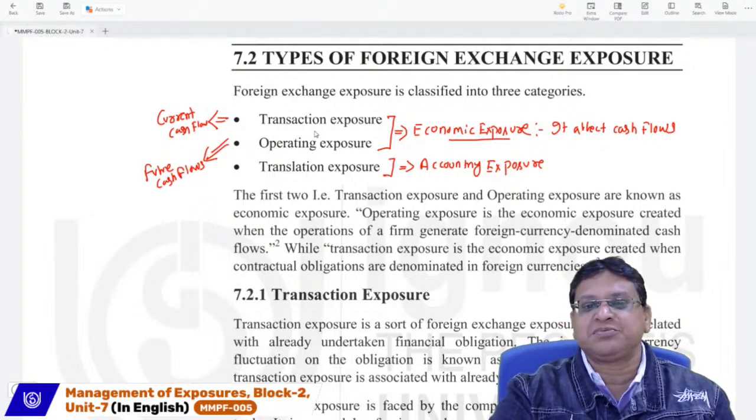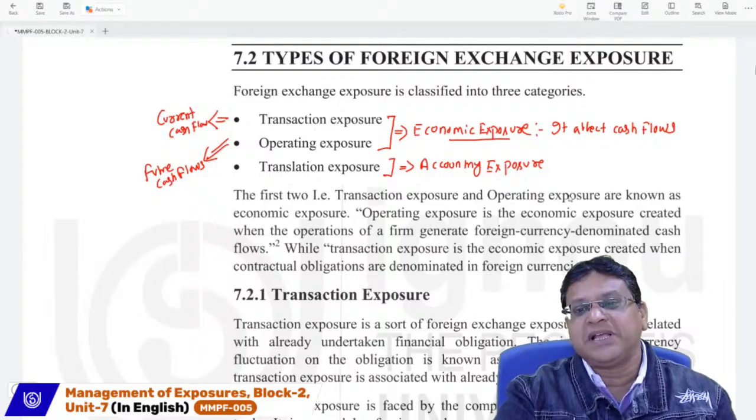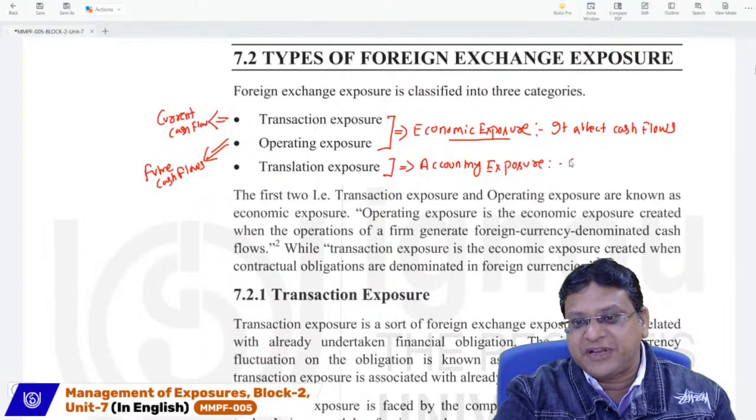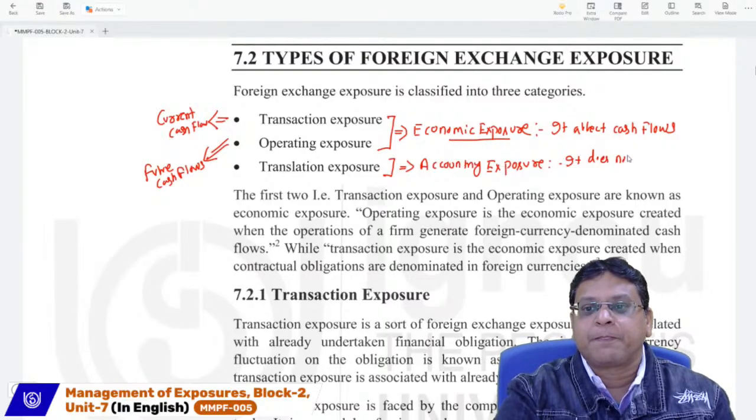And translation exposure is purely accounting exposure. It does not affect cash flows, but it affects the valuation.